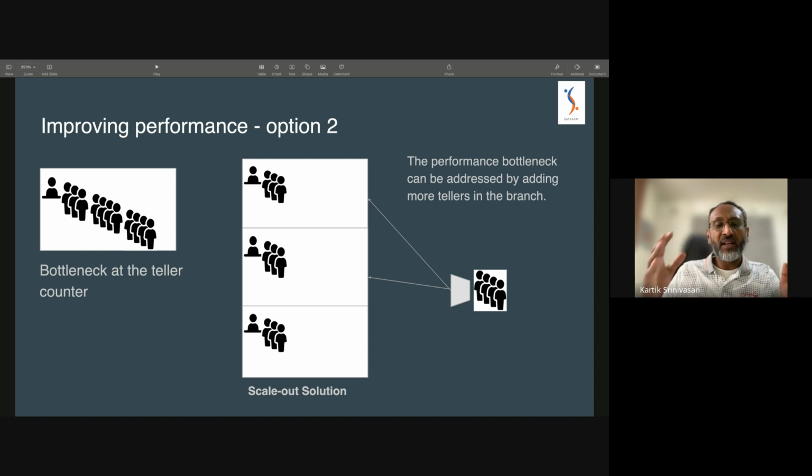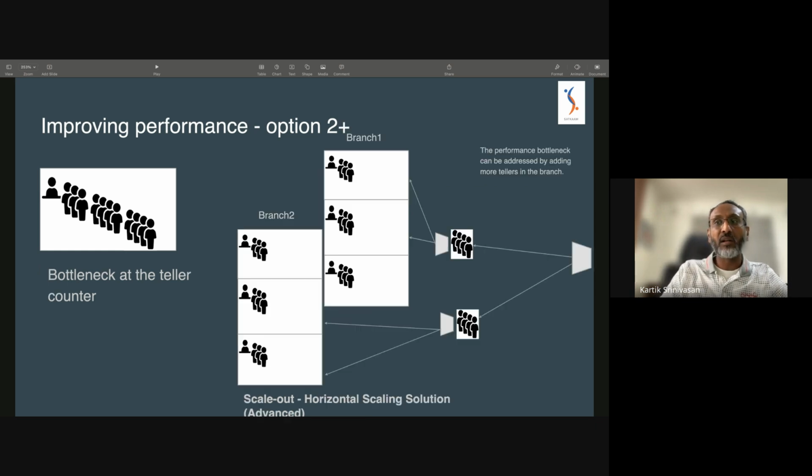Now, imagine this at even bigger scale, and this is where the architectural considerations start becoming interesting. So imagine that there was a system where the incoming individual is directed to a specific branch. Even before he goes to the counter, he's first directed to a branch, and then to a counter within that branch.